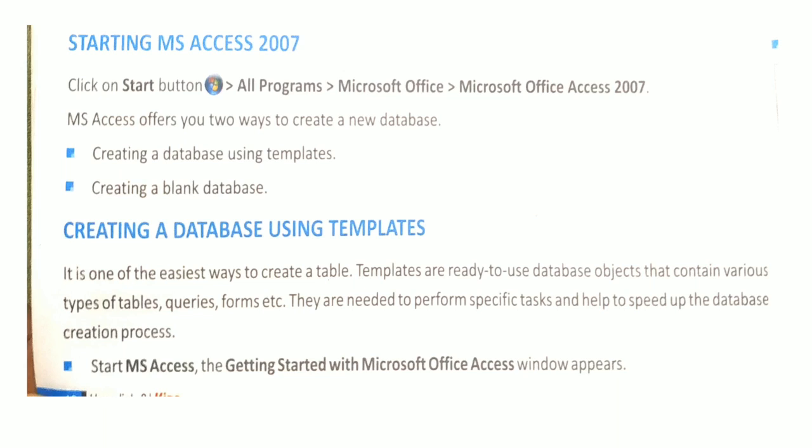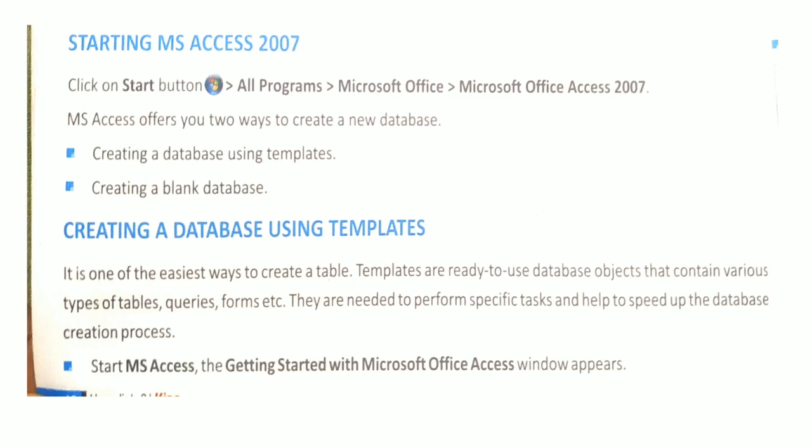Now we will discuss the first way, creating a database using a template. It is one of the easiest ways to create a table. Templates are ready-to-use database objects that contain various types of tables, queries, forms, etc. Templates are ready-made material provided by MS Access, which help us in creating tables, queries and forms.